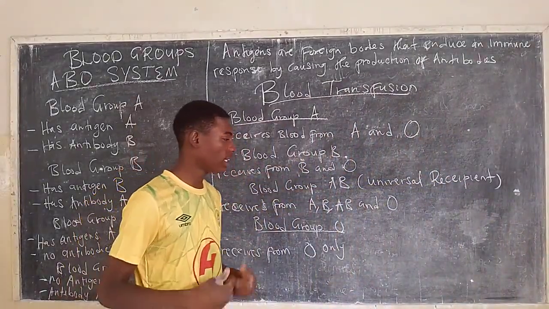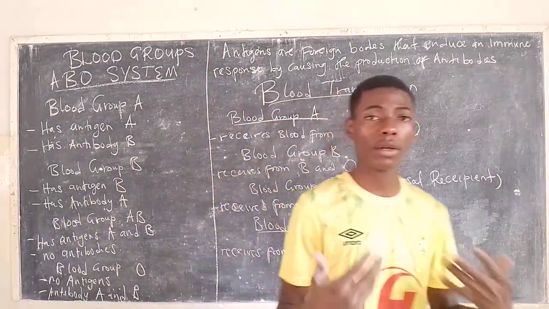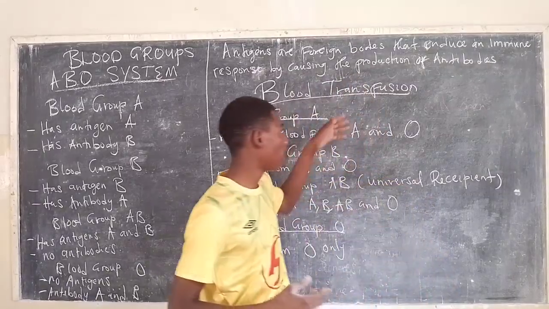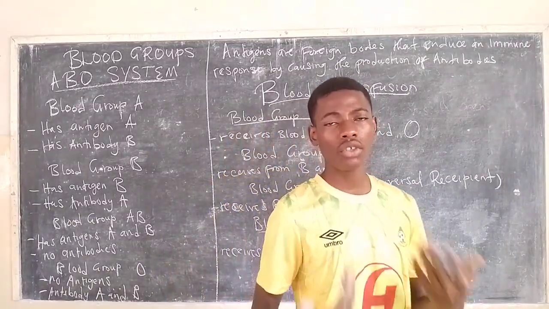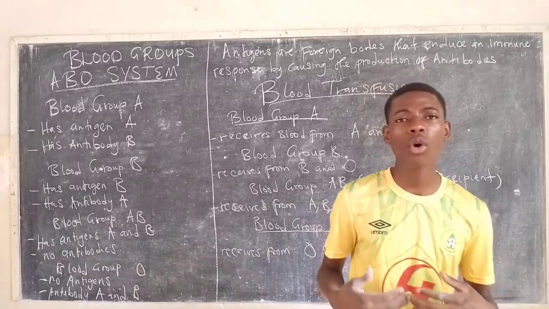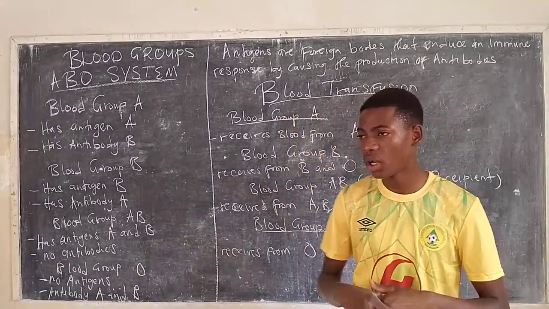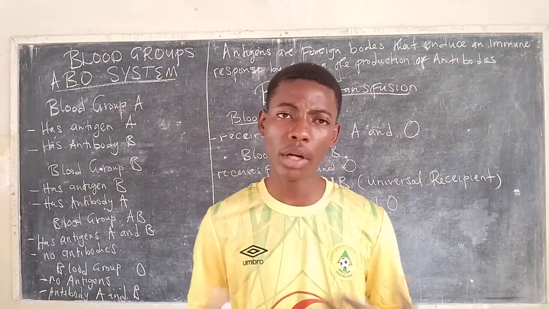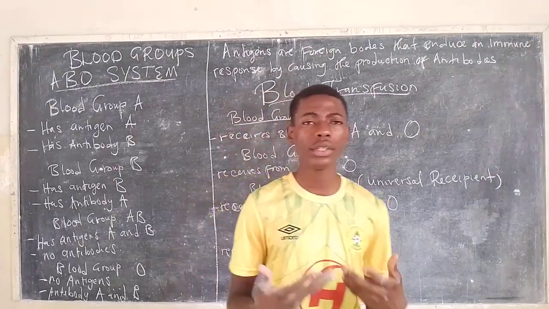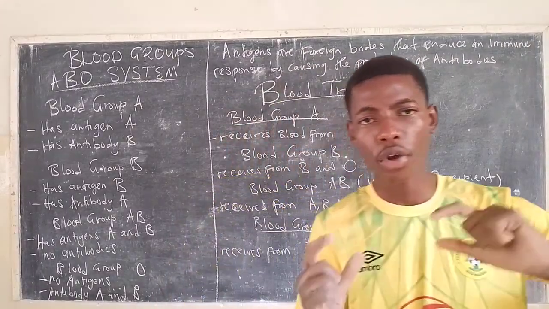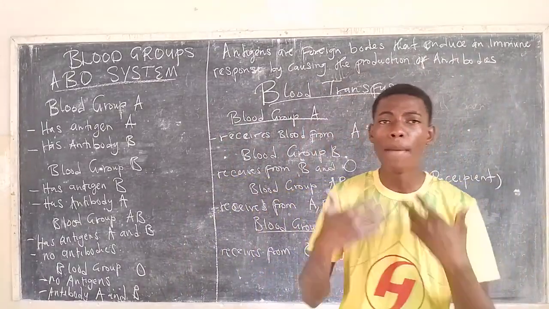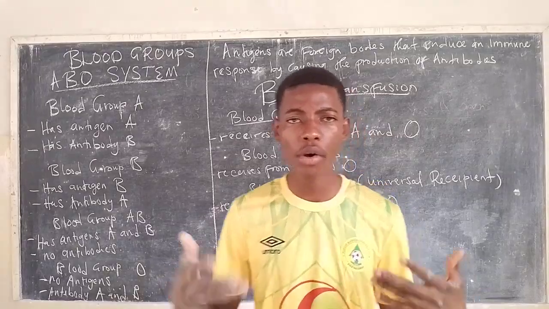Understanding antigens and antibodies is one of the most important things to take note of when carrying out blood transfusion. Blood transfusion is simply the transfer of blood from one person to the other. If we are talking about blood group A, a person with blood group A can only receive blood from a person with blood group A as well, and blood group O only.